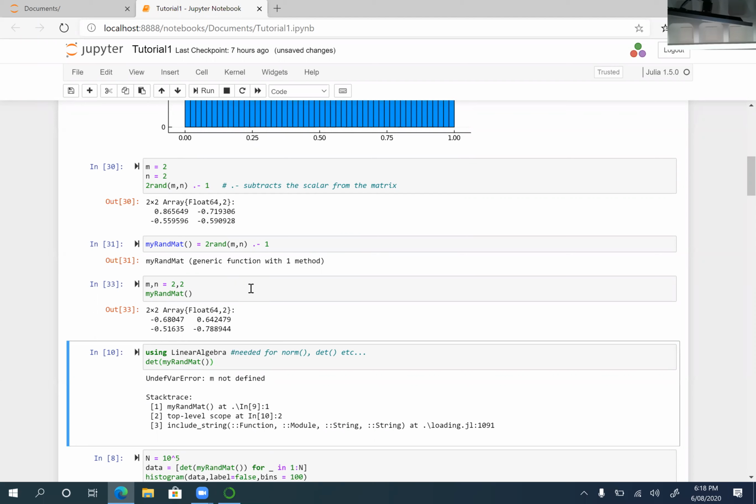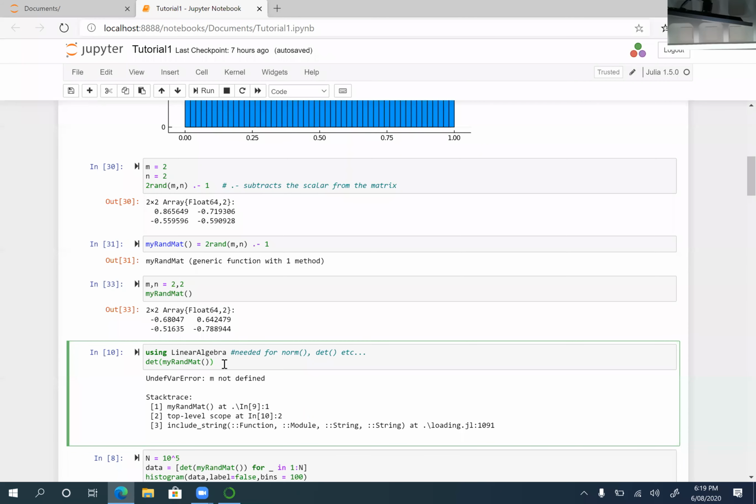Okay, next up, we need to include the using LinearAlgebra function because we've got a determinant calculation here. So det of myRandMat. What we're doing is just taking the determinant of these 2x2 matrices.